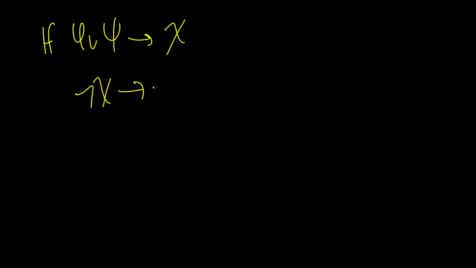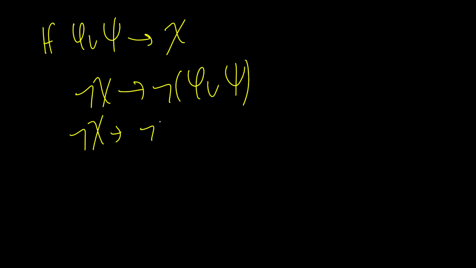Now, I have this blank page for one reason, and one reason only. So, if phi or psi, then chi. Suppose I want to do a contrapositive proof on this. Then I have if not chi, then not phi or psi, which happens to be if not chi, then not phi and not psi by De Morgan's law.